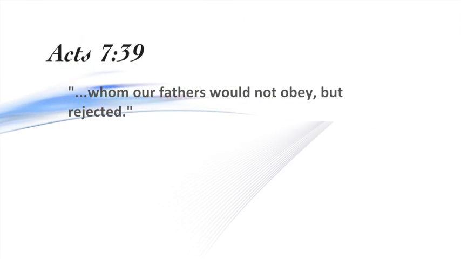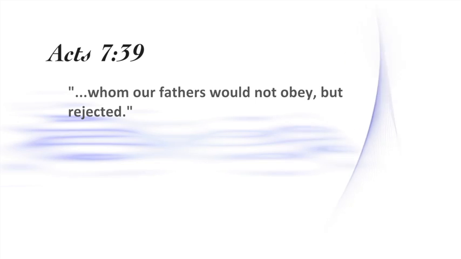He says, whom our fathers would not obey, but rejected. That's in verse 39. He now views the Exodus as a type of Christ's first coming to save Israel and to offer his messianic kingdom to that generation. But their unbelief meant that they could not enter the land, so its possession was postponed for 40 years, when another generation, a later generation, would possess it by faith.